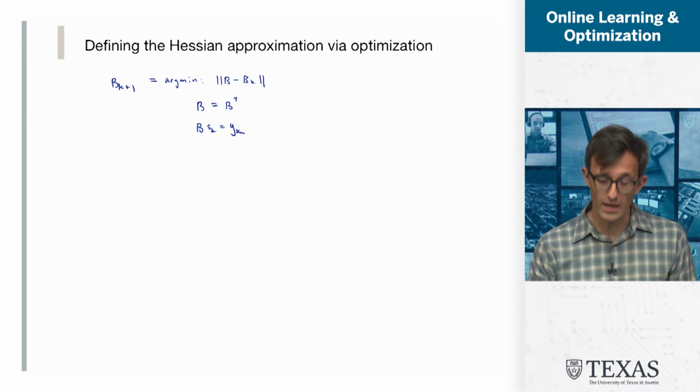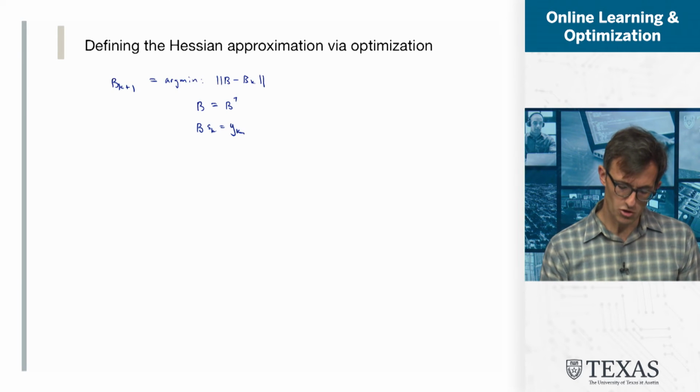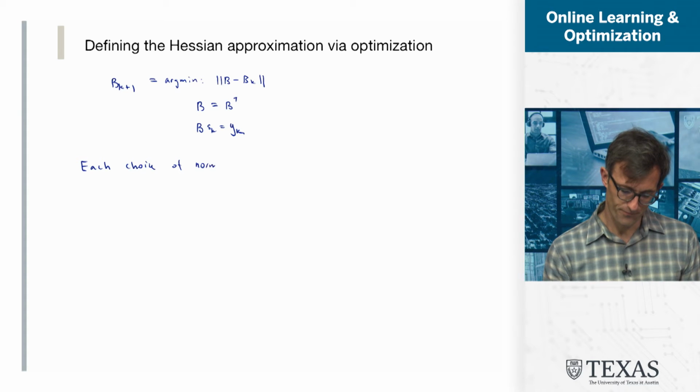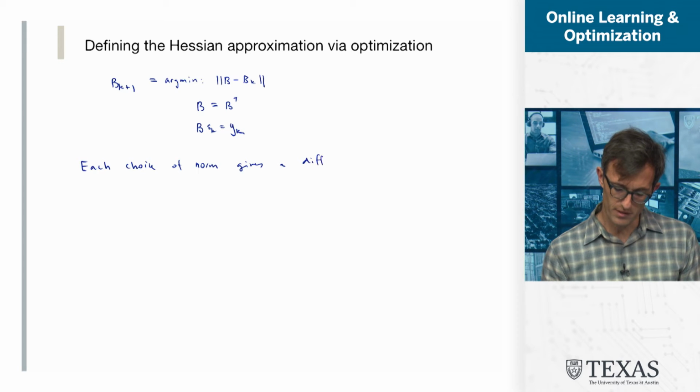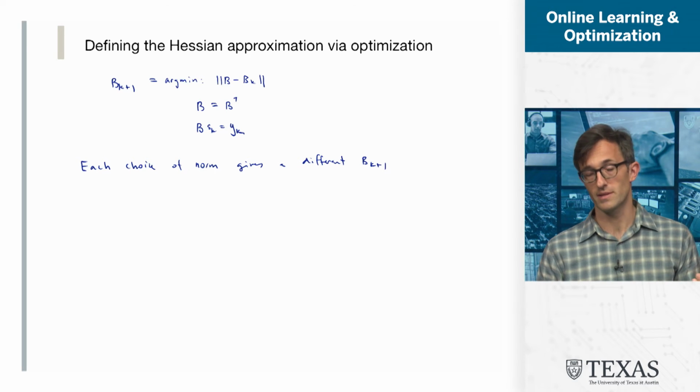Now what have I not specified in this optimization? I haven't told you what this norm is. So each choice of norm gives a different result, a different B_{k+1}, and the only thing I know about that new B_{k+1} is that it will definitely be symmetric and satisfy the secant equation.